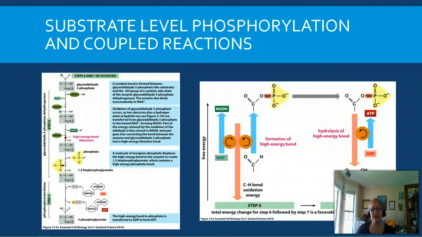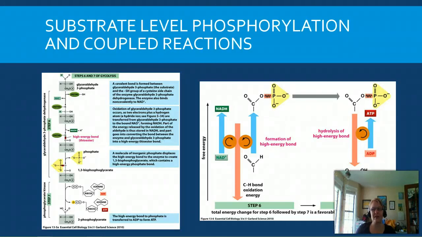So let's talk a little bit about substrate level phosphorylation. This is an example of a coupled reaction. And we can see this highlighted here on this slide with steps 6 and 7 of the glycolysis. And you can see that the covalent bond is formed between the G3Ps and this sulfhydryl group of the cysteine side chain of the enzyme G3-phosphate dehydrogenase.